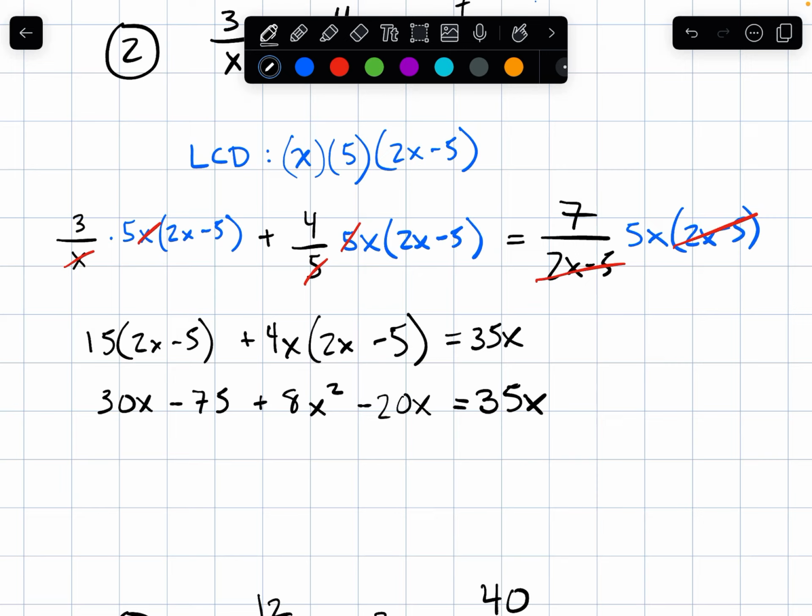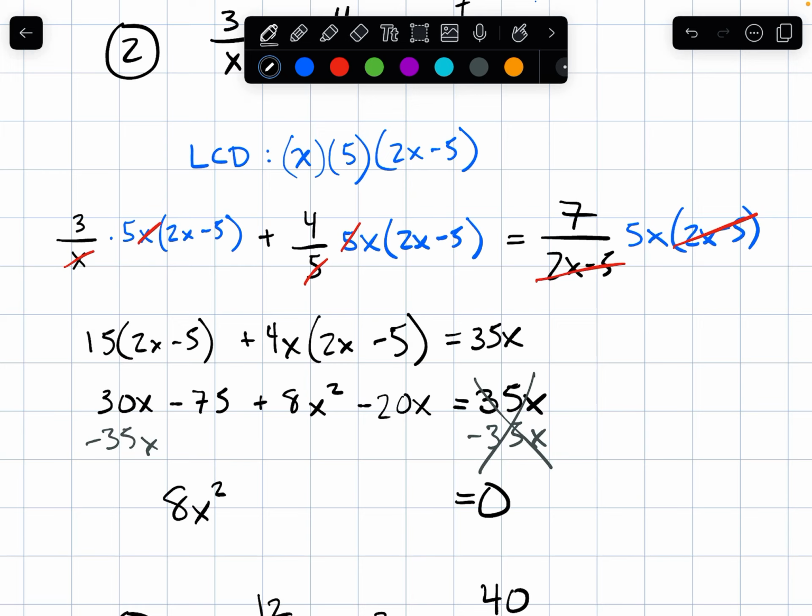At this point, we do have a quadratic. So again, our best strategy is probably to set it equal to 0 and see if we can solve from there. If I move this 35x over to the left using subtraction, let's see what we get. Minus 35x, minus 35x. These cancel on the right, leaving me with 0.